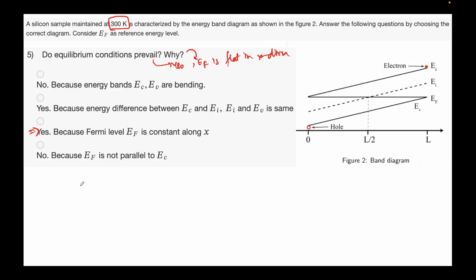So what's the second check, if you recall? The second check that we had done was, is the doping uniform or not? So what do you think? For this silicon sample, is the doping uniform?